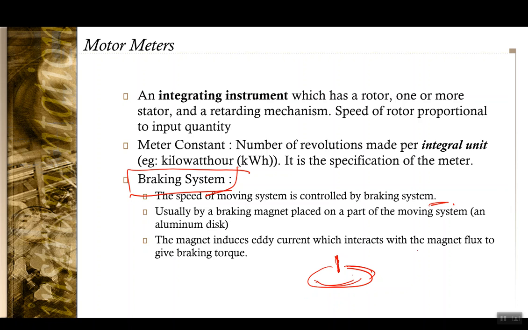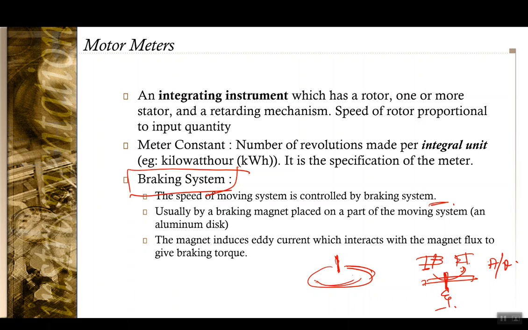As we have seen in the induction type instrument, you have an electromagnet being excited by the current that is being measured, and this interacts, causes eddy currents in an aluminum disc, and this aluminum disc rotates. And in case of an induction type ammeter or a voltmeter, we had a control spring here.